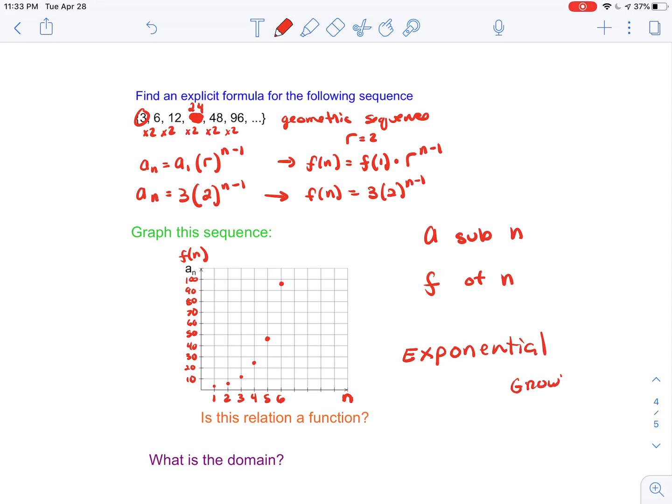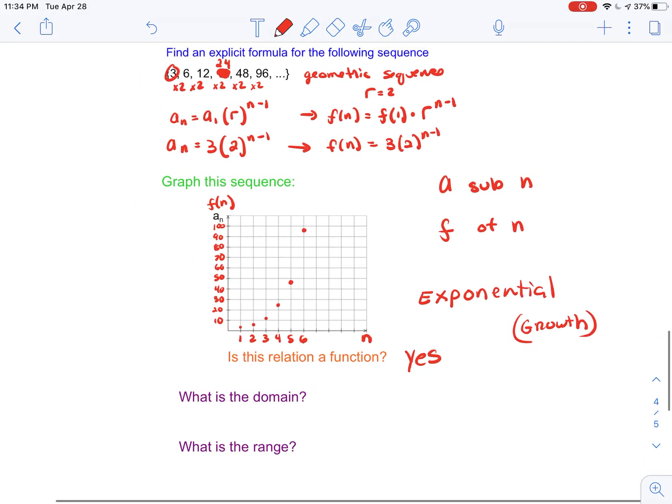We start really, really low, and then it increases really, really quickly, which would be exponential growth in this case, okay? So is this relation a function? Well, it mimics an exponential function, so yes, it is, okay? We even wrote it in function notation because we knew already that this was a function.